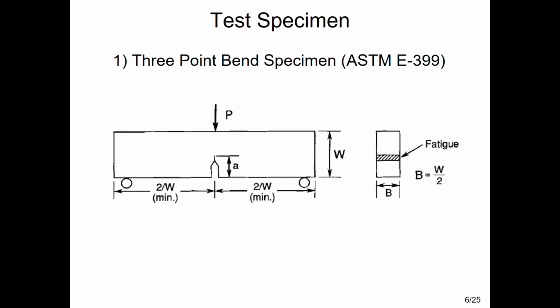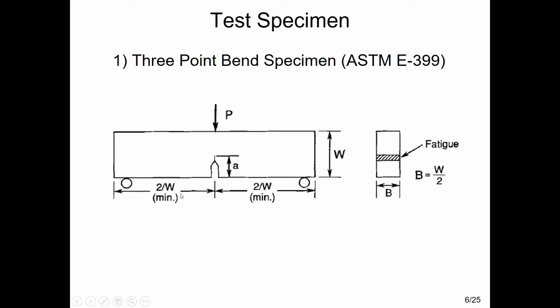Okay, this is the test specimen that we use. We always use this for the 3-point bending test, so we call this the 3-point bend specimen. I have a stand here, or we call that supports, for the structure, and then I have a crack length here.